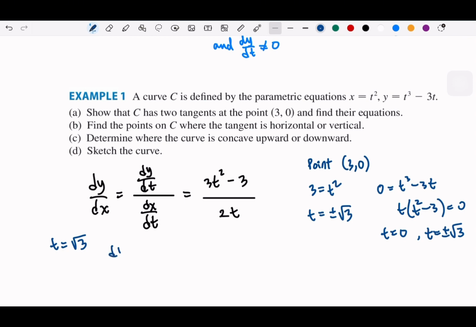So dy/dx will be 9 minus 3, which is 6, over 2 square root of 3. This will be 3 divided by square root of 3, which is square root of 3, right?